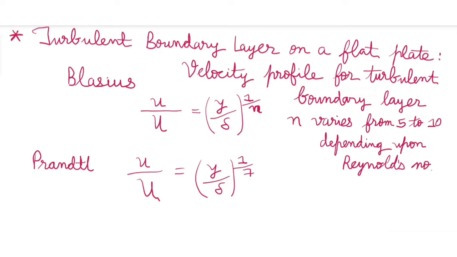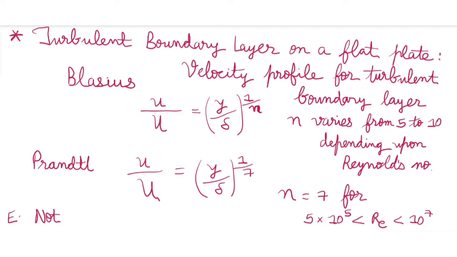So n will be 7, and u upon U is equal to y by delta raised to 1 upon 7. As per Blasius, n will lie between 5 to 10, and then Prandtl gave that it will be the 7th root of distance from the wall or plate. So n will be 7 and the Reynolds number will lie between 5 into 10 raised to 5 and 10 raised to 7.